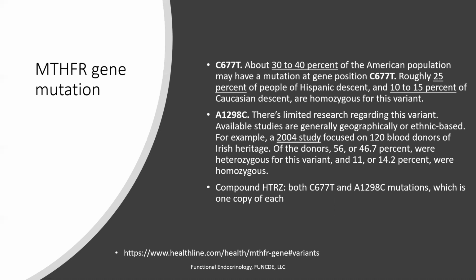With A1298C, you can see that heterozygous could be up to 56%, but between 11 and 14% are homozygous. And homozygous is when you have two copies, one from mom, one from dad. And if you have two copies, it's always more pronounced. And if you have one copy, depending on gene, it could be dominant or not dominant.